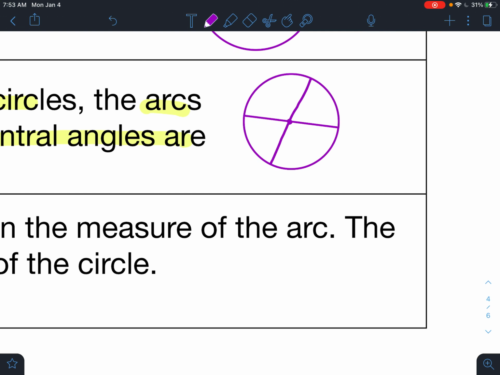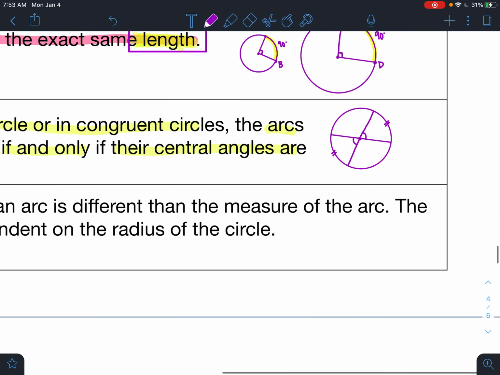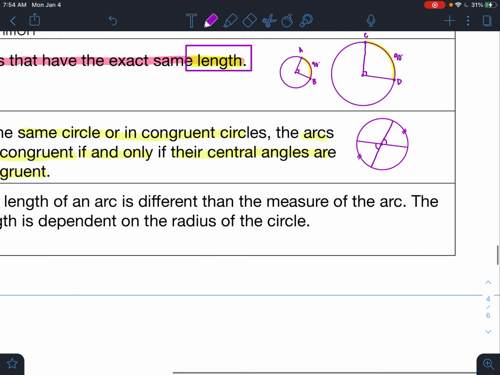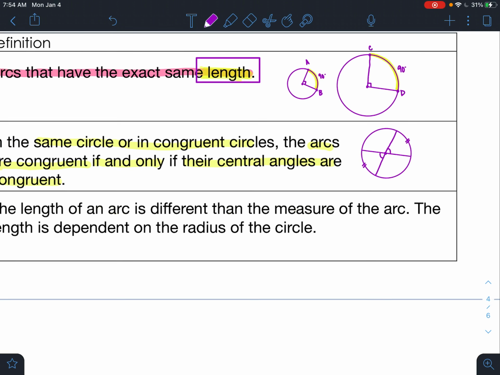The reason I'm doing that is I'm making vertical angles. Then these two angles have to be congruent, and if these two angles are congruent, then these two arcs have to have the same length, which means they're congruent as well. So when we're talking about congruent arcs, we're talking about the length of the arcs, not the measure of the arcs. The measures will be the same, but we're talking about the lengths.